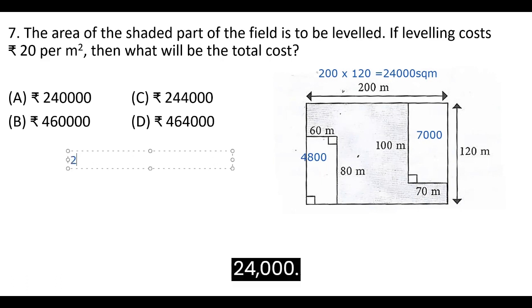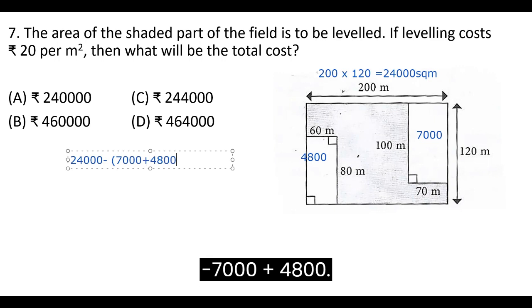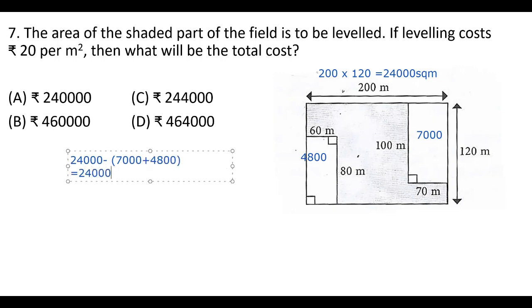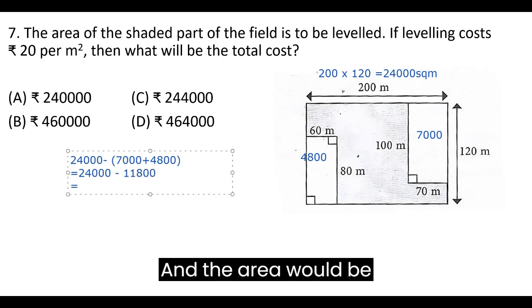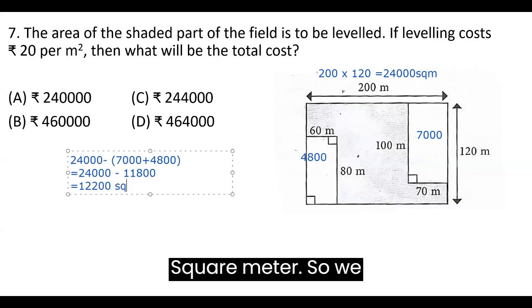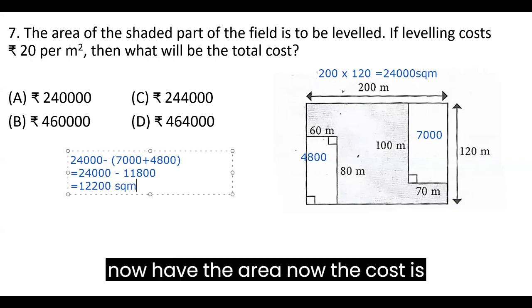So that is going to be 24,000 minus the sum of 7,000 plus 4,800, which is 11,800. And the area would be 12,200 square meter.